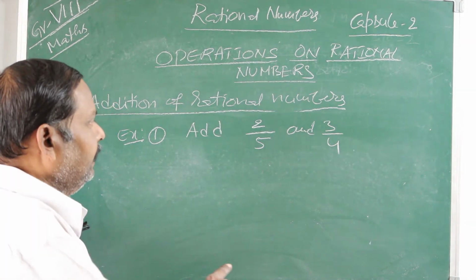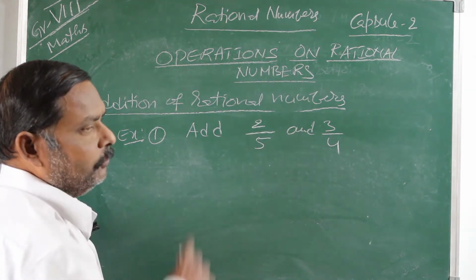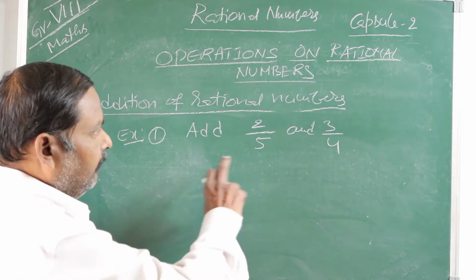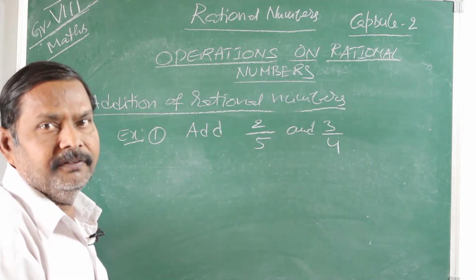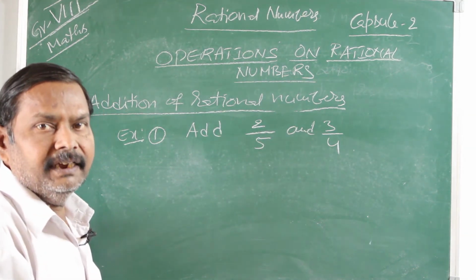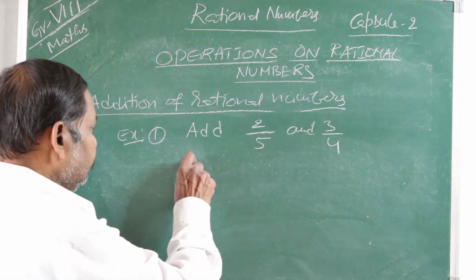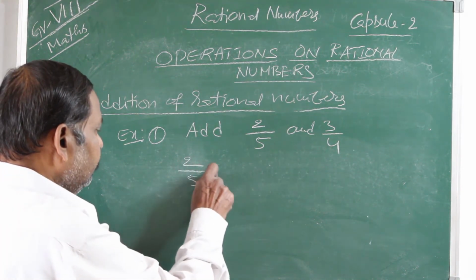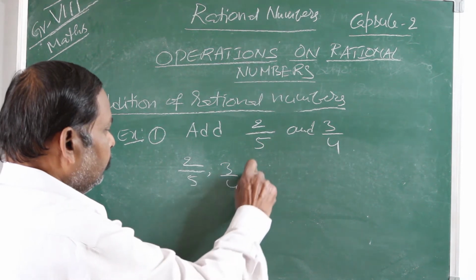So it was given that add 2 by 5 and 3 by 4. First of all, you have to convert them into like rational numbers.